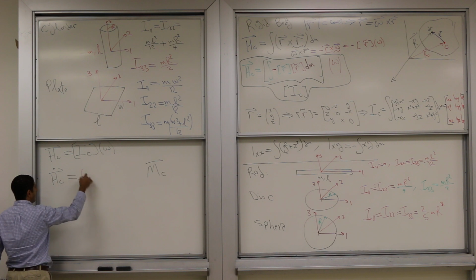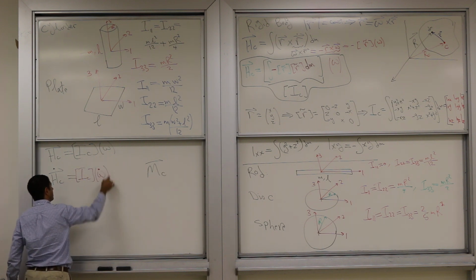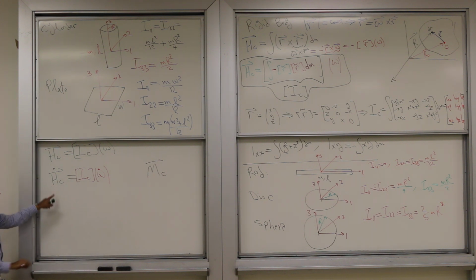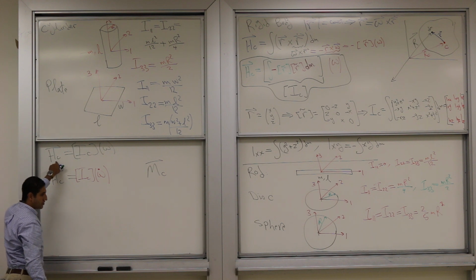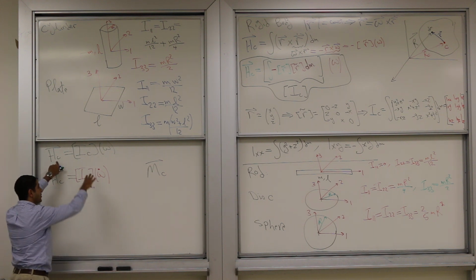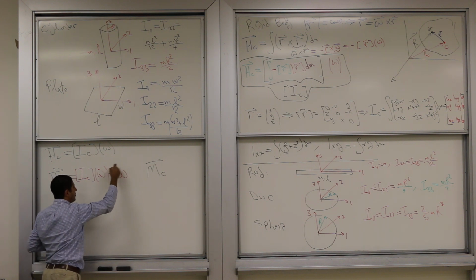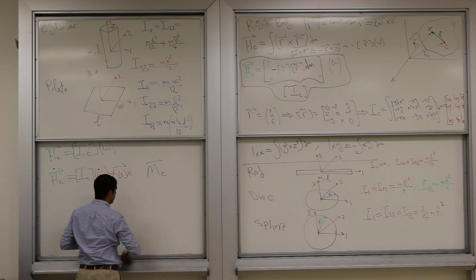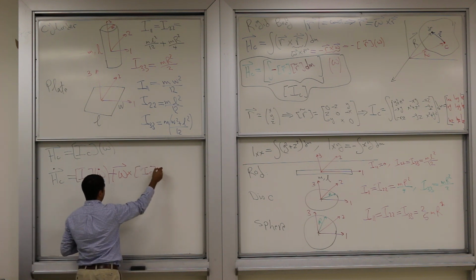So this is I_C omega dot, in the body axis. So Hc is defined in the body axis and differentiating with respect to inertia, that's fine, differentiate your components in the body like I did, but you have to add omega cross your vector, which is actually I omega.